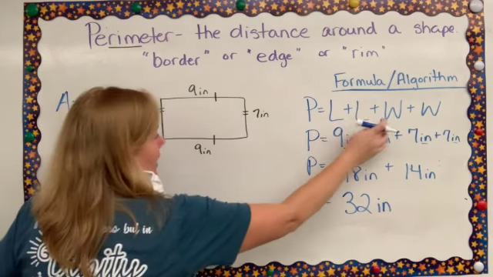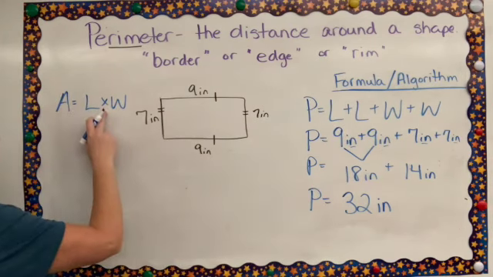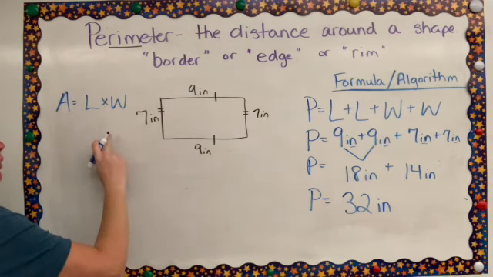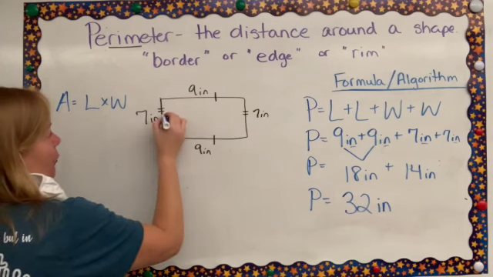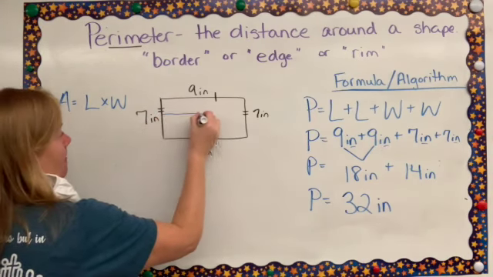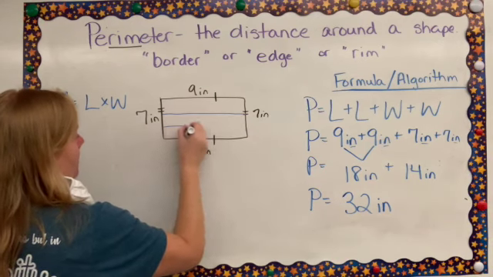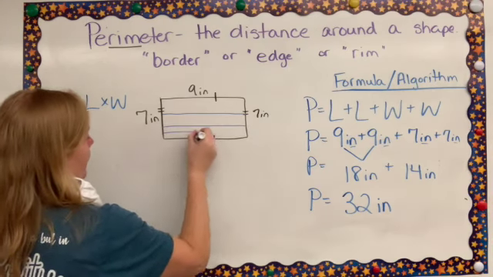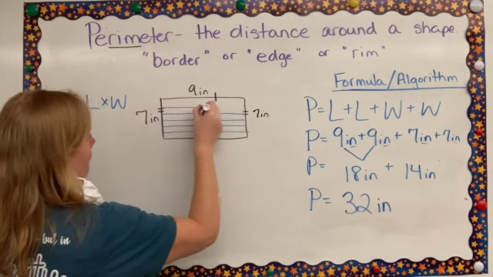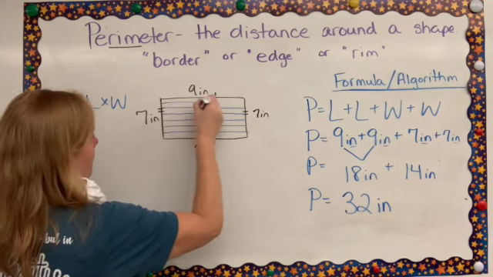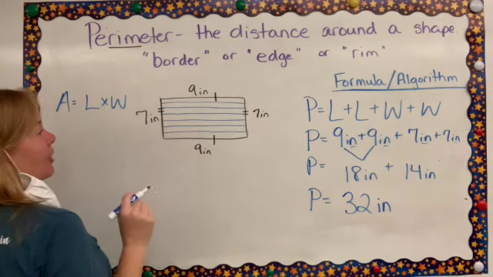That means the same thing as this L and this W, but in area, we're multiplying because we want to know how many squares are inside of this shape. So remember, this is like saying that there are 7 rows, and this is like saying there are 9 columns.